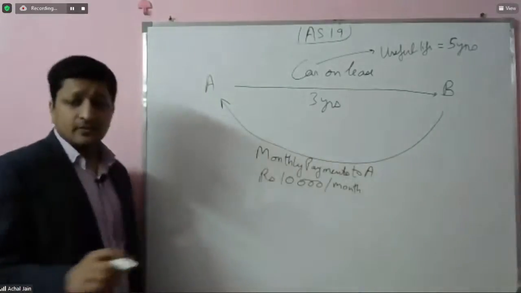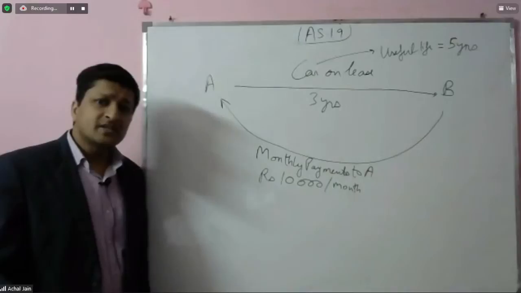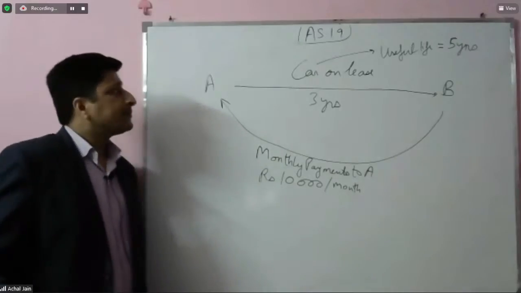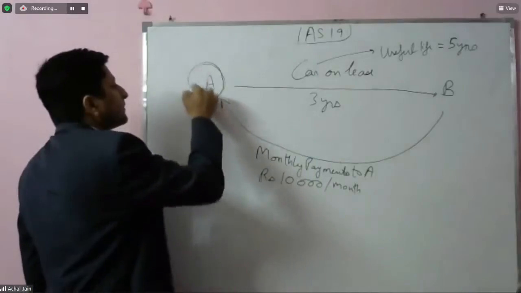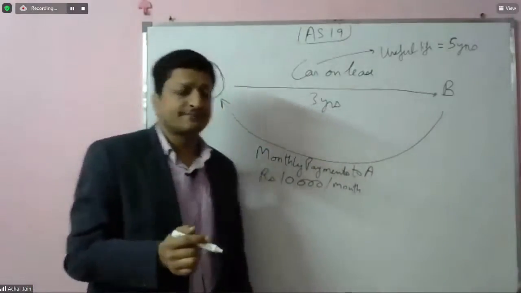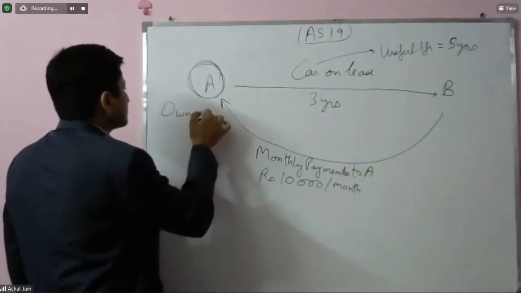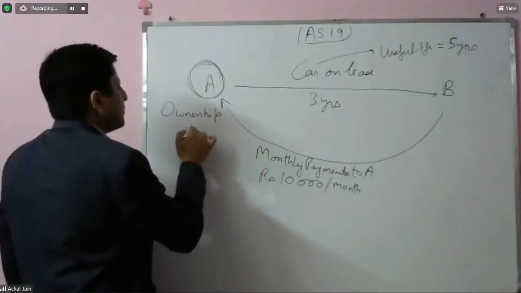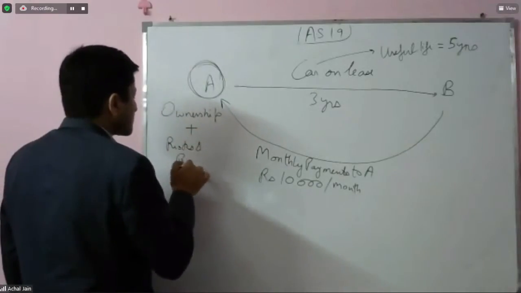See, in this scenario, why did we call this an operating lease? Because A, who has got the ownership of the car, that's why A is giving the car on lease. A also continues to have risks and rewards.